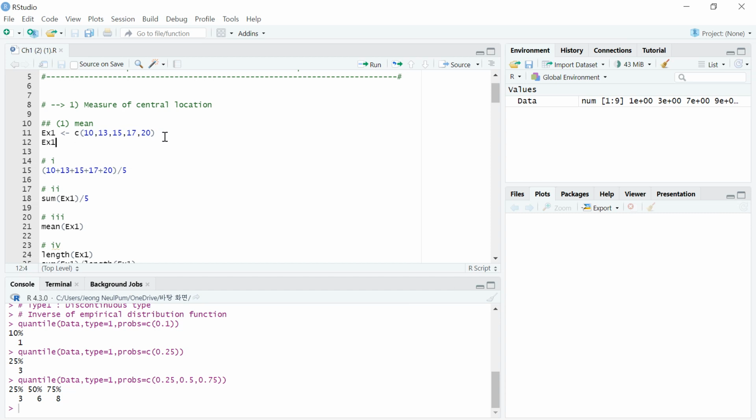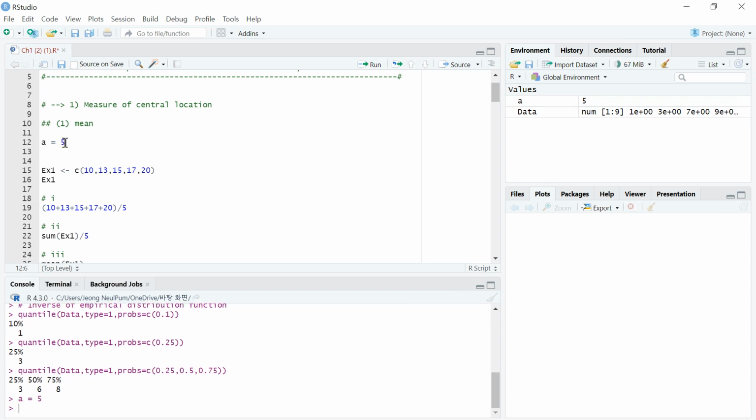And if I can teach one more thing in our programming language, if we want to get the variable a, which has a value of 5, we can use this code, because this is an assignment operator in which we can store the value 5 into our own variable a. In the same sense, we can also store our vector into our own variable whose name is ex1.